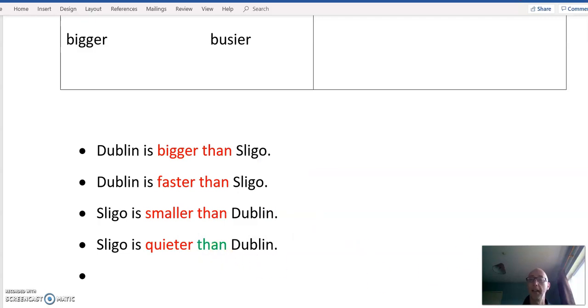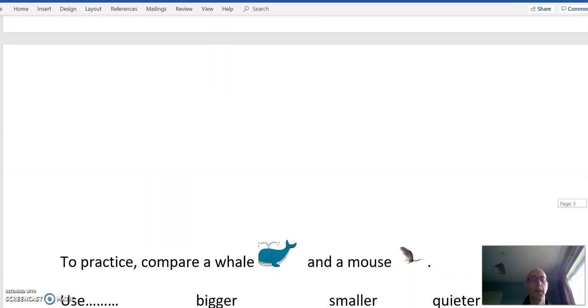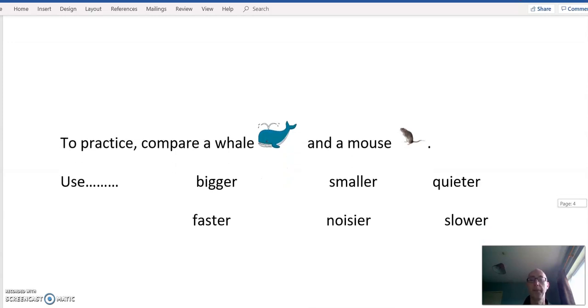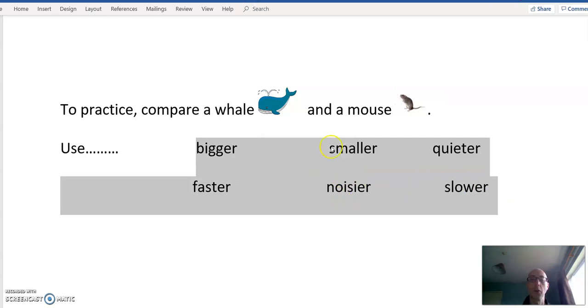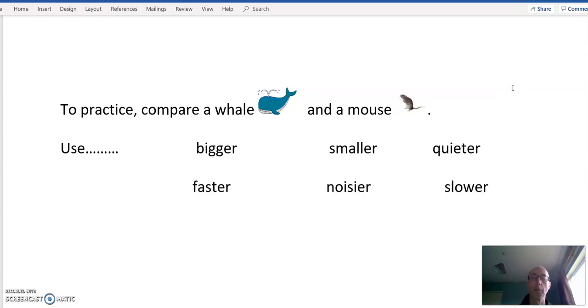Quieter than. Okay, so for practice, you're going to compare a whale and a mouse. Use bigger, smaller, quieter, faster, noisier, slower. We have these 6 words. How do we compare a whale and a mouse? I'll give you some answers in the next video.